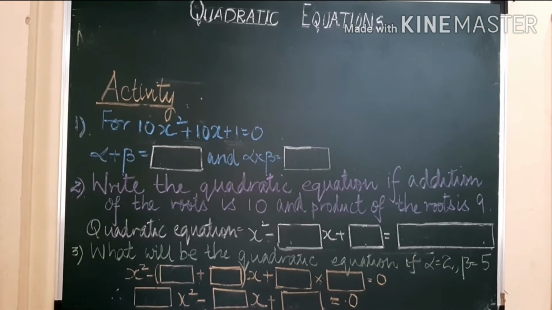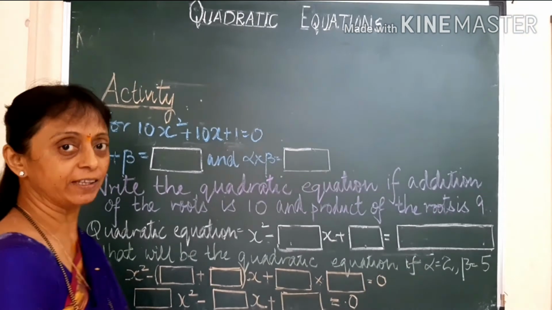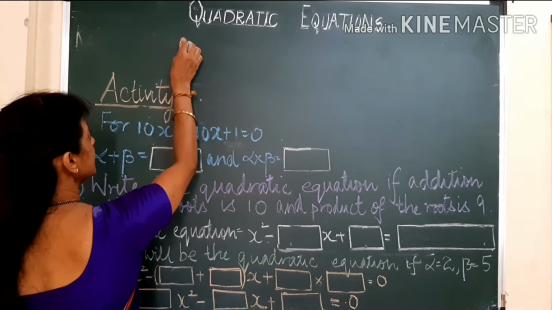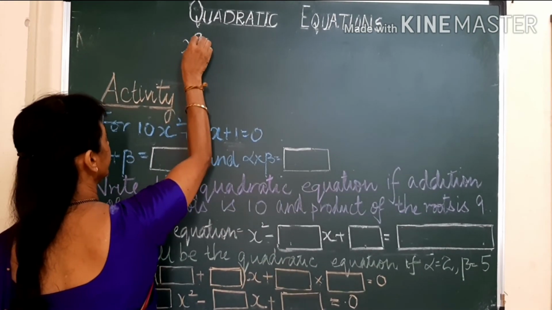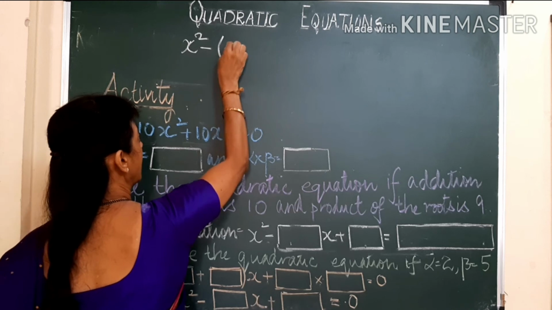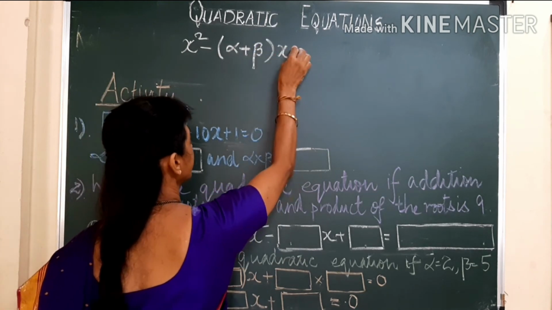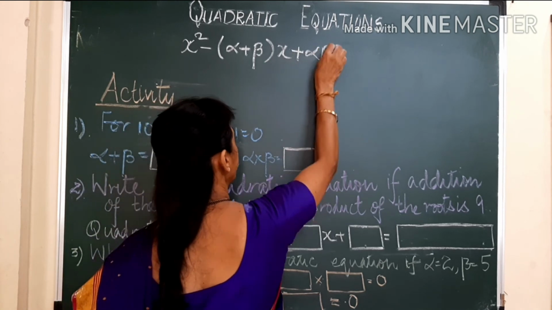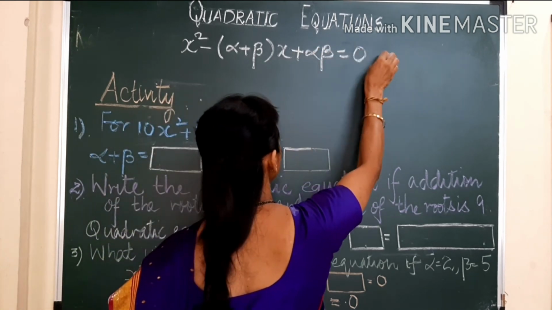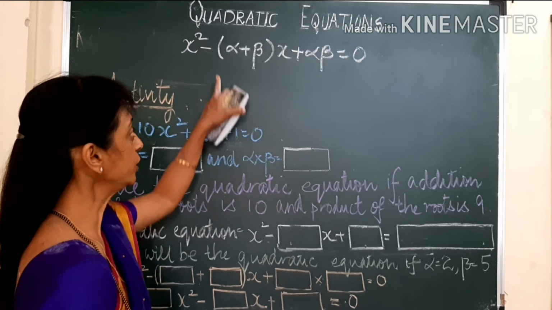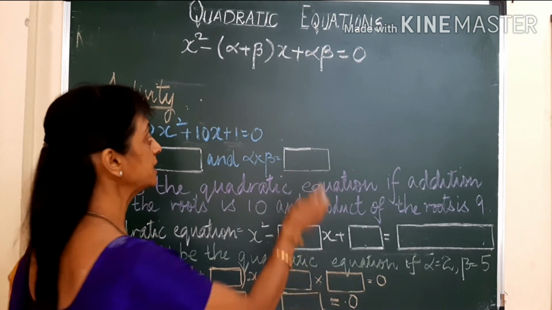Now children, we have obtained an equation having the given roots, that is x square minus alpha plus beta into x plus alpha beta, which is equal to 0. And how did you find out the answer for alpha plus beta?